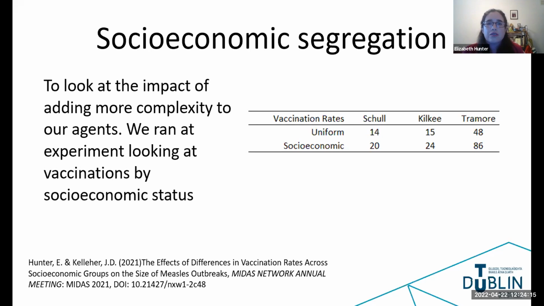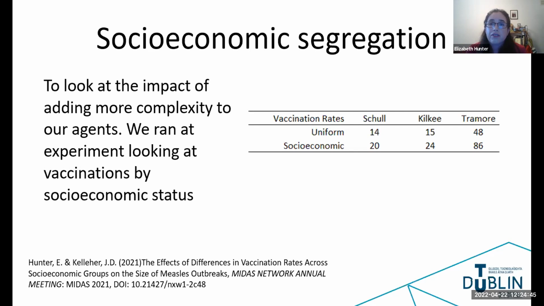The experiment we ran was two sets of runs. In one we had uniform vaccination rates, so it didn't matter what socioeconomic group you were in, everyone vaccinated at the same rate. In the other, vaccination rates depended on socioeconomic group, so some groups had a higher likelihood of vaccinating and some a lower likelihood. In both cases, the population-level vaccination rate for the entire town was the same.